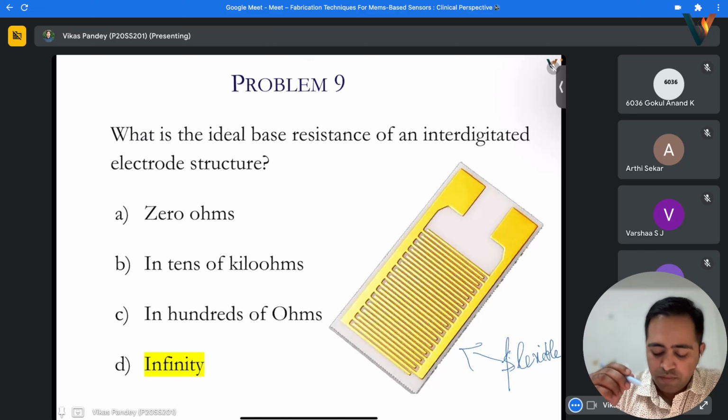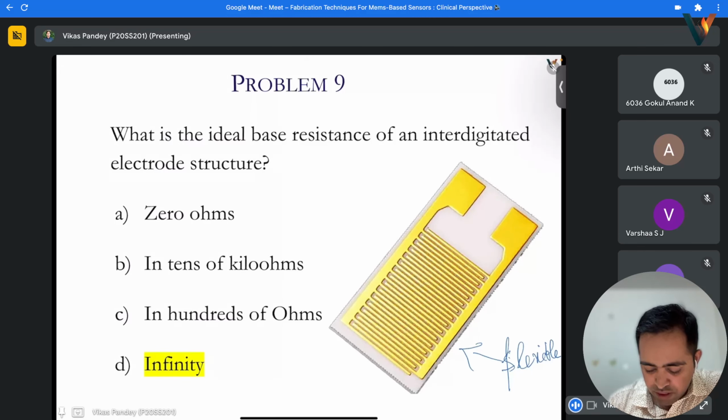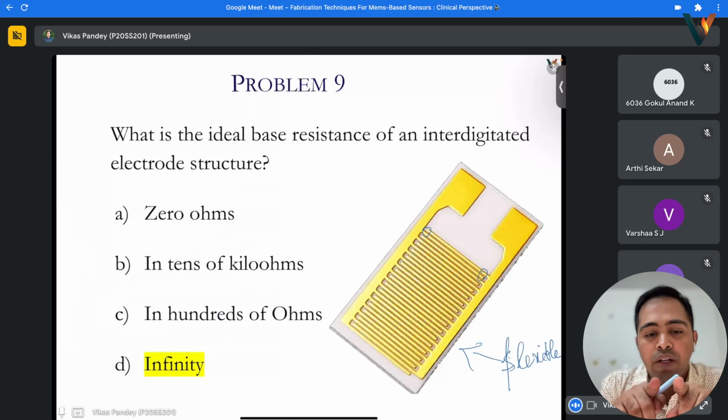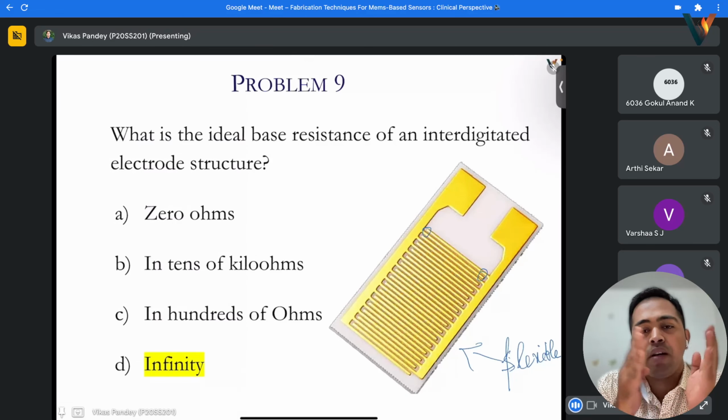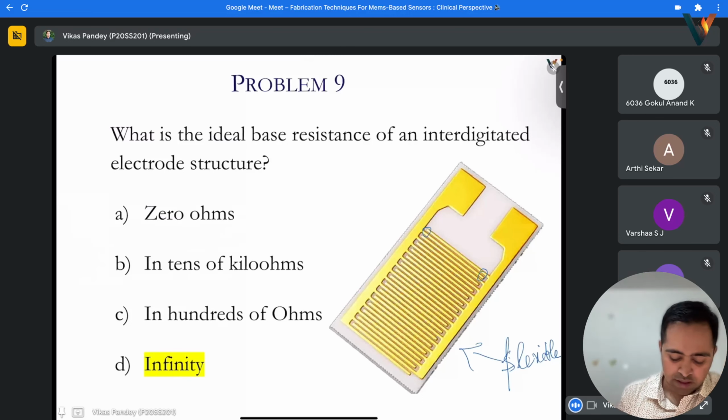Here you see these are very, very close, but if you see it properly, they are not shorted. They are at some distance. Maybe the distance is in micrometer or nanometer, but still there is a distance, and that is why there should be no current flowing through it, and it is having an infinite resistance.